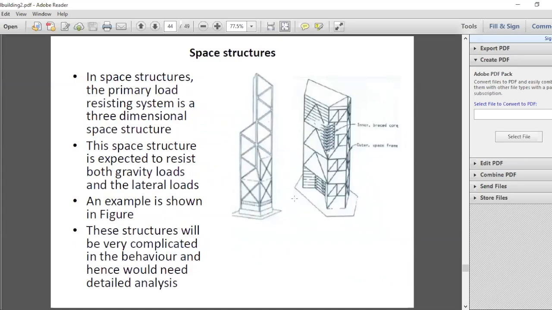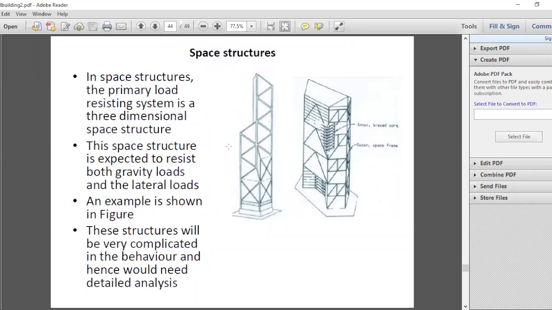Then there are some very special structures which should have actually been developed by the architects and engineers working together. In those structures, rather than having separate frames and walls, you will go for some kind of three-dimensional arrangement with so many different combinations of structures.